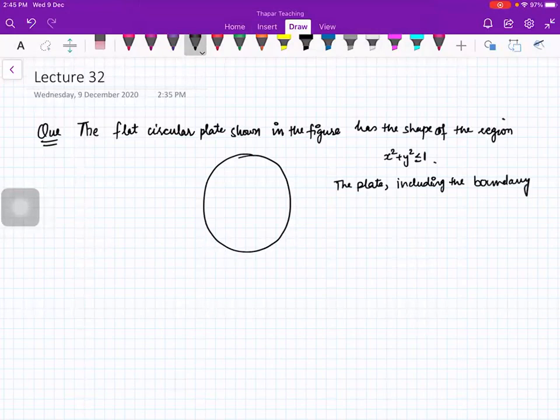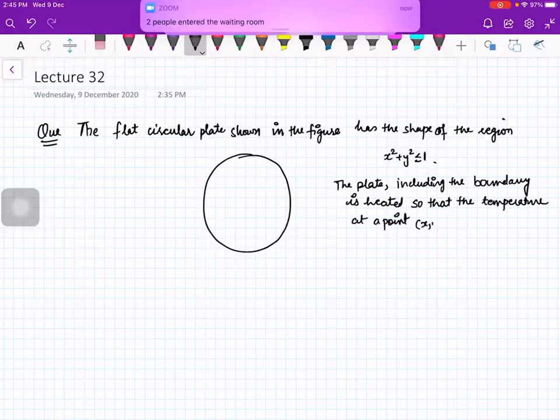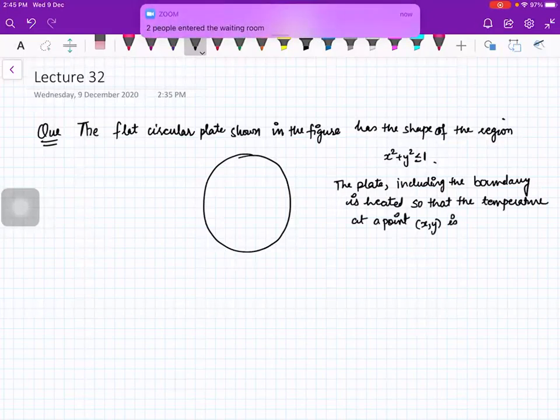The plate is heated so that the temperature at a point x comma y is given by T(x,y) equals x square plus 2y square minus x.